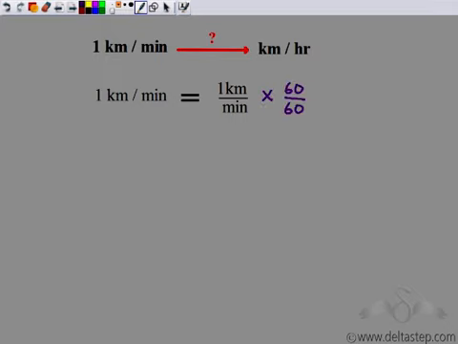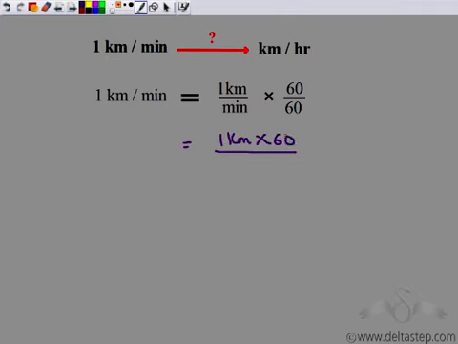Further, I know if I multiply two rational numbers, I can multiply the numerators, divide by multiplication of the denominators. So numerator gives me 1 kilometer into 60 and denominators I can multiply, that gives me a minute into 60, which is nothing but 60 kilometers divided by 60 minutes.